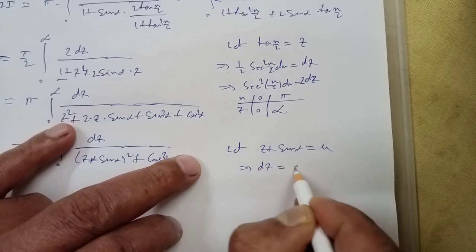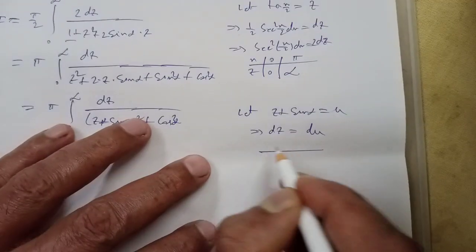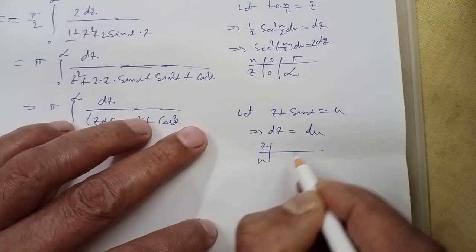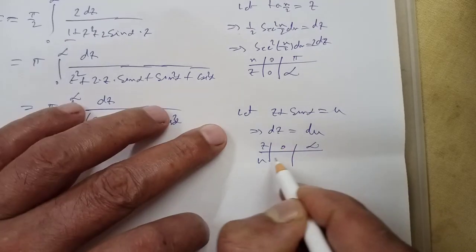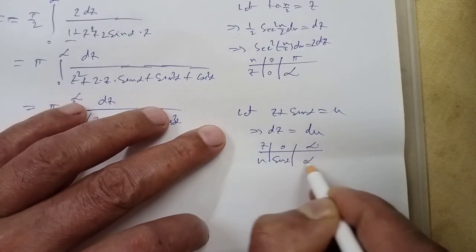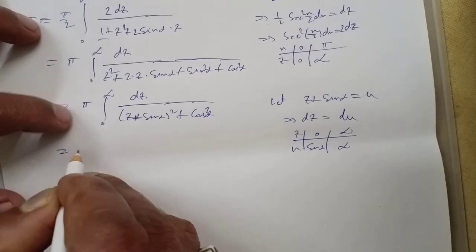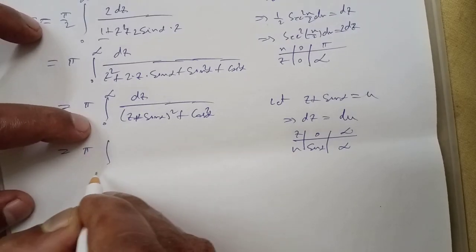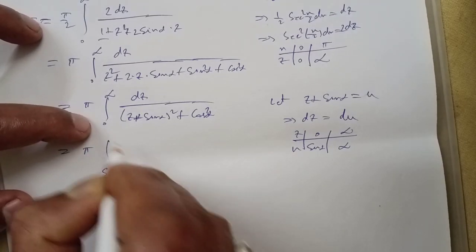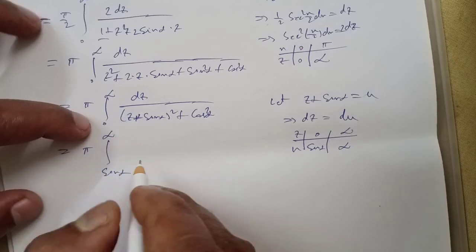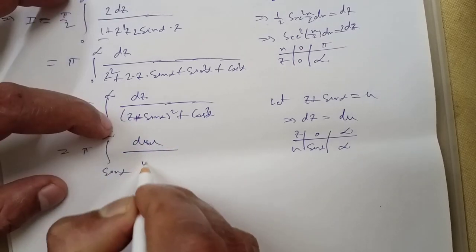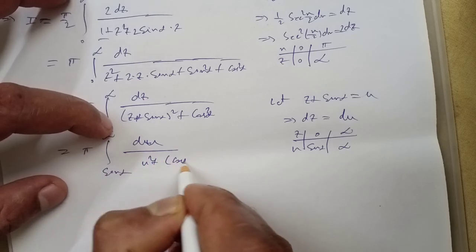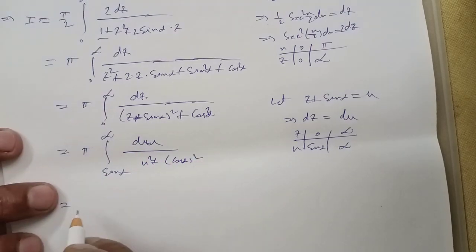That implies dz equals du. Change the limit z to u. Limits of z at 0 and infinity. 0 means sin alpha, infinity is infinity. So integral becomes sin alpha to infinity du by u square plus cos alpha whole square.